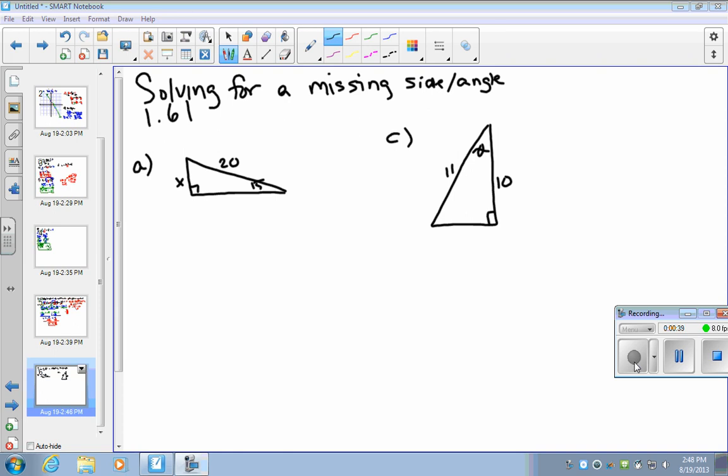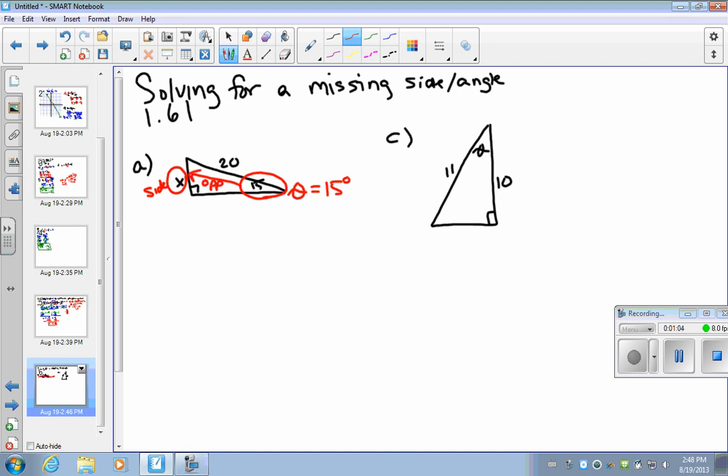So I notice here that I am missing a side of the right triangle. I'm missing one side. And I know that I have this angle here of 15 degrees. And the side I need is opposite that angle.